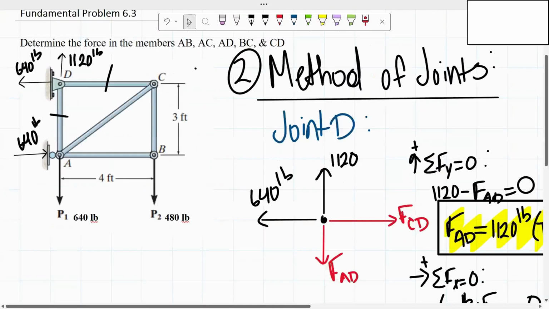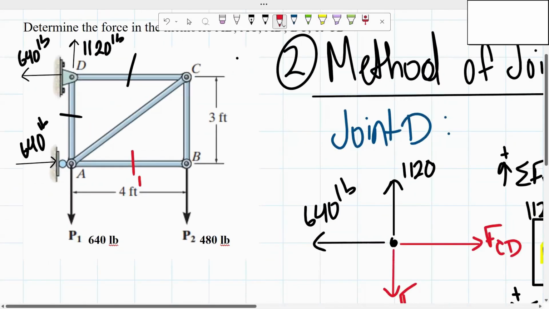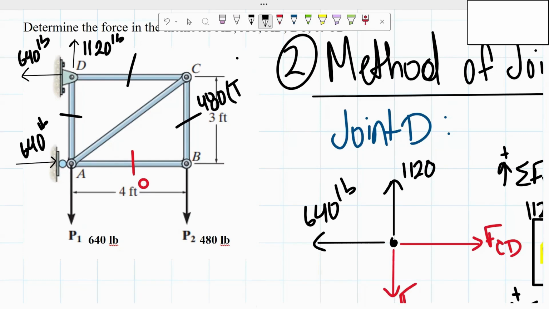So with that, we can go quickly right here. This we know has a value of 0 pounds. From there, we know that the force of BC is 480 pounds in tension. For this one, we got 640 pounds in tension. And then for AD, we got a value of 1,120 pounds in tension.